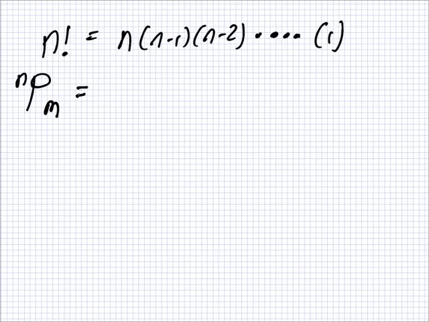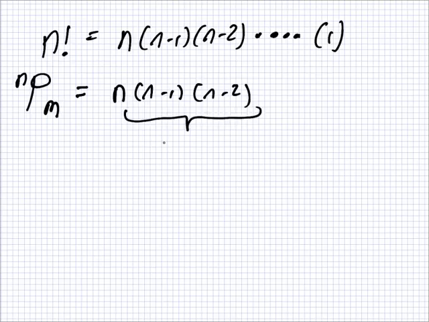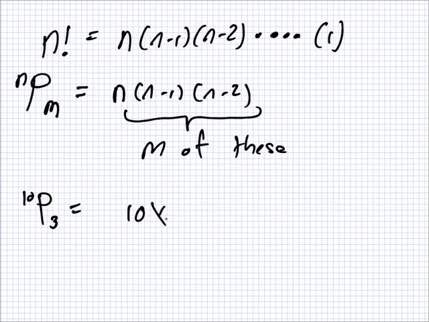So I think n factorial over something? No, not this one. You're thinking of the C. This one here is n, n minus 1, n minus 2, but you only have m of these. So for example, 10P3 would be 10, 9, 8.